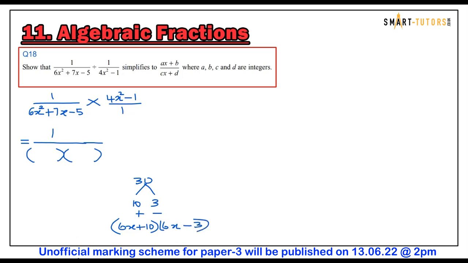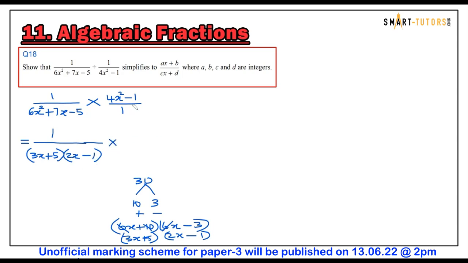You can simplify this one. This is going to be 2. If you simplify by 3, it's going to be 2x minus 1. And if you simplify this by 2, it's 3x plus 5. So after you factorize, I get the final answer as 3x plus 5 and 2x minus 1.